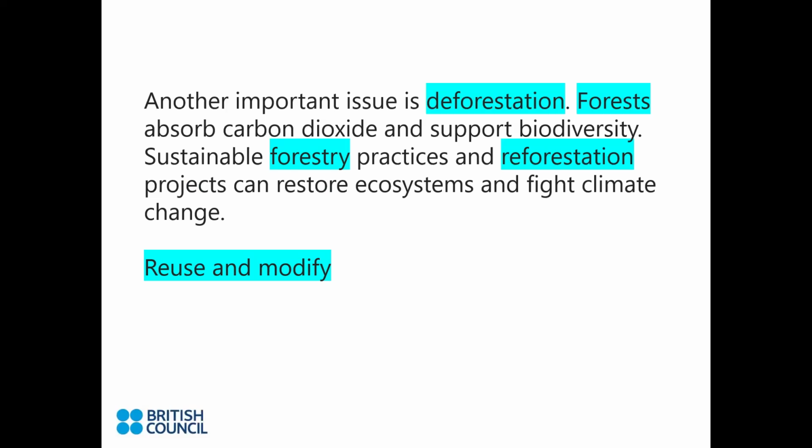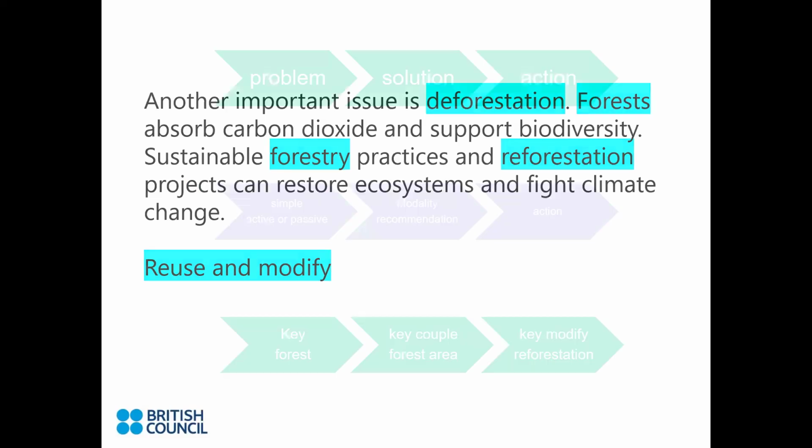So forest, what words do you get from forest? Forestry, deforestation, environment. What words do you get from environment? Environmental, activist. These word-built chains are obviously key to getting your message across.